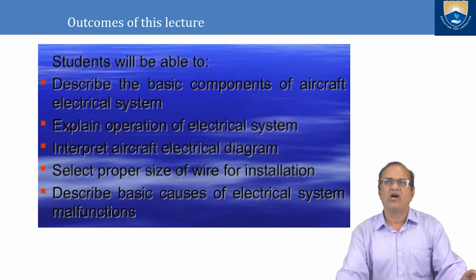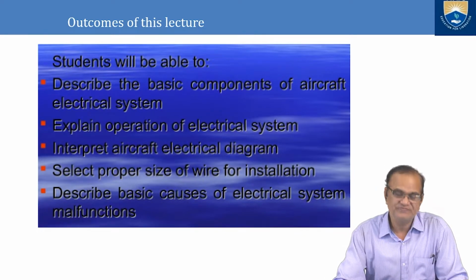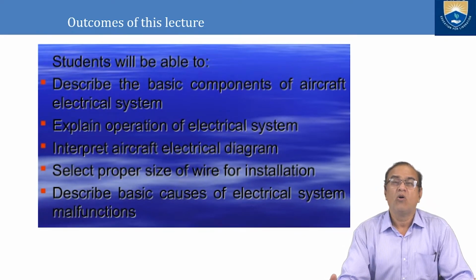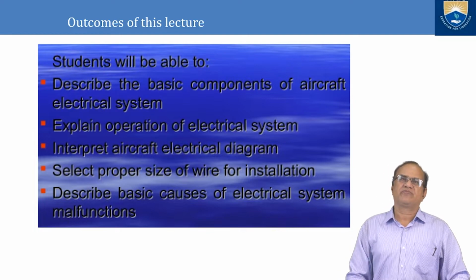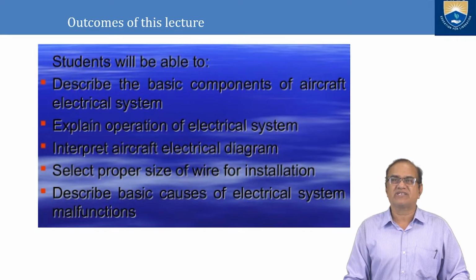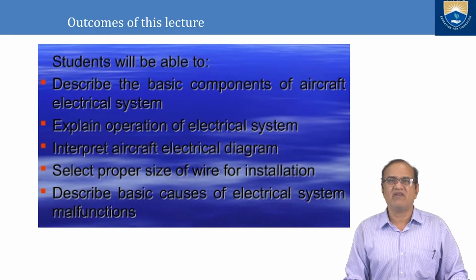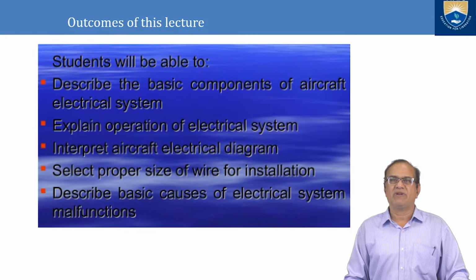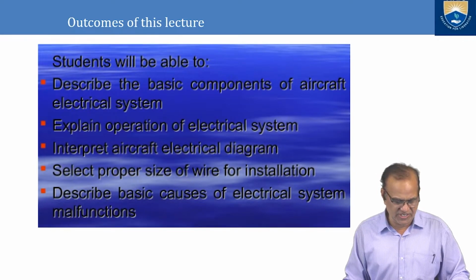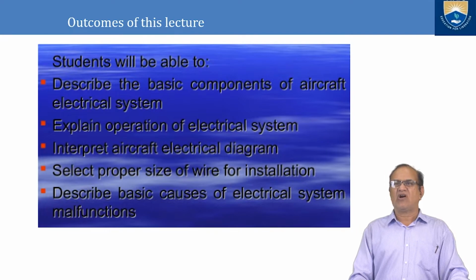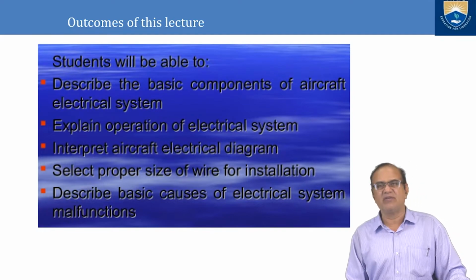So I have given some very important components of the electrical system of the aircraft, which are shown in this diagram. Now, outcomes of this lecture. Students will be able to describe the basic components of aircraft electrical system, explain operation of electrical system, interpret aircraft electrical diagram, select proper size of wire for installation, and describe basic causes of electrical system malfunction.